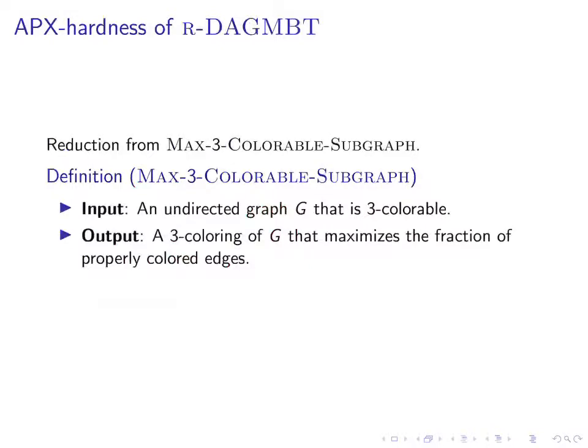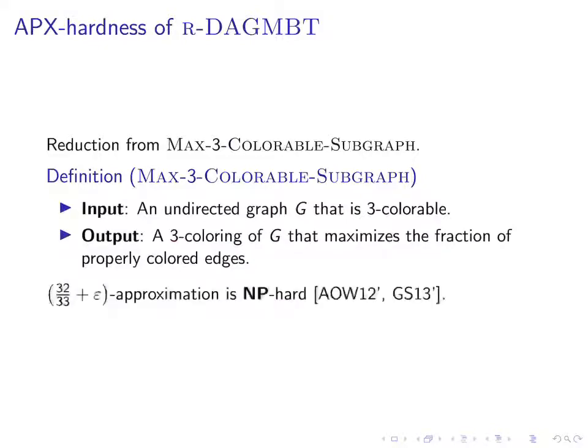Nevertheless, we will show what problem we're reducing from. The problem that we reduce from is the max 3-colorable subgraph problem, where the input is an undirected graph G that is 3-colorable. The goal is to find a 3-coloring of G that maximizes the fraction of properly colored edges. It is shown that it is NP-hard to find an approximation whose factor is better than 32 over 33.